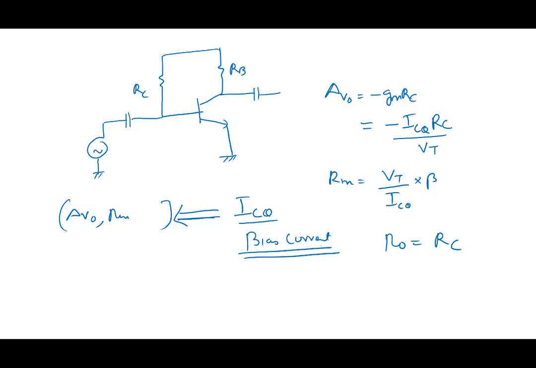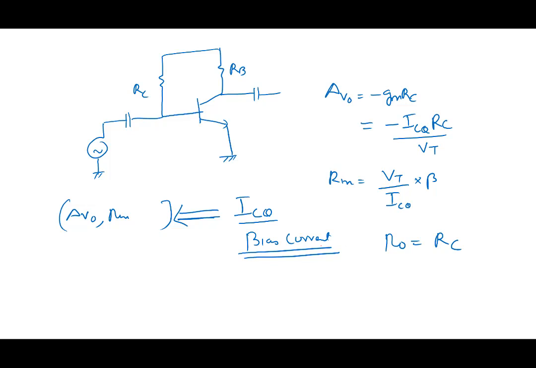They are affected by it. ICQ determines AV0, ICQ determines Rn, and many other things. We have not looked at lower cutoff frequency, upper cutoff frequency. It determines all of those things here.